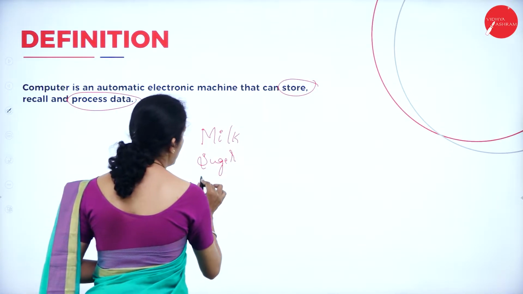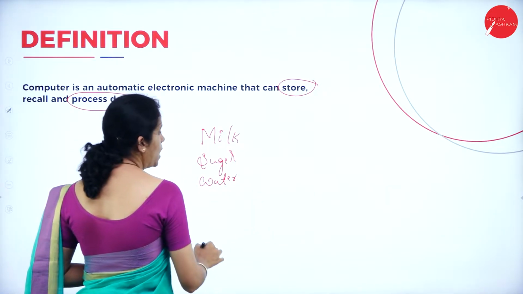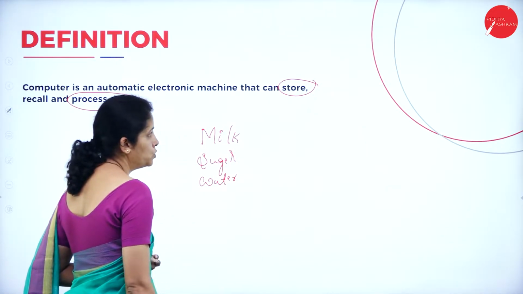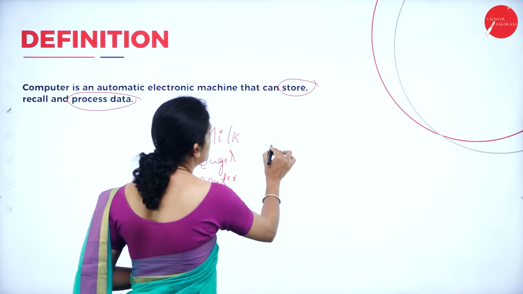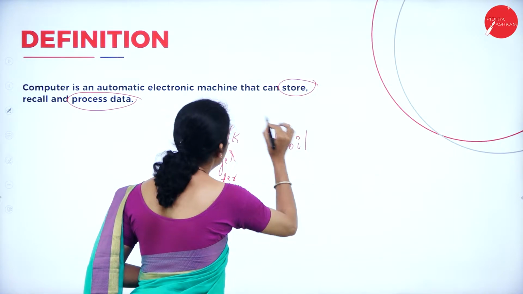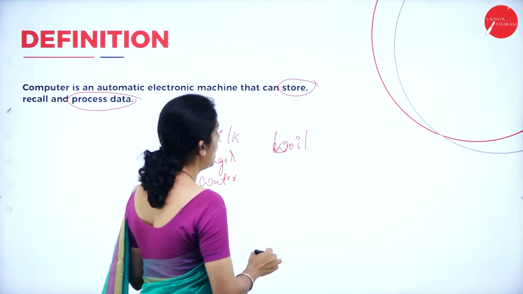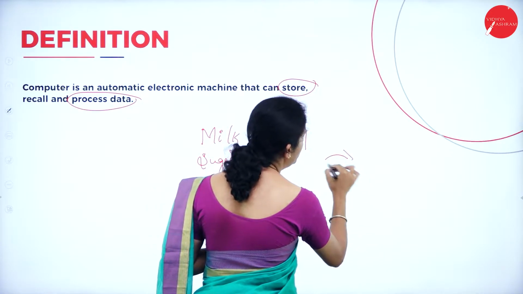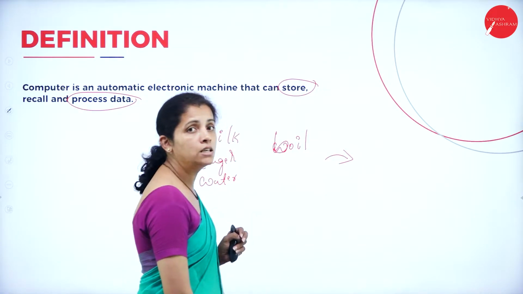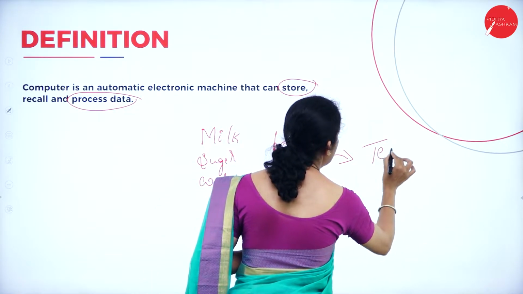Then I require water. Along with that, what do I want to do? I want to boil milk, sugar, water, all those things. After that, I'm going to filter. After filter, what am I going to get? I'm going to get the tea.